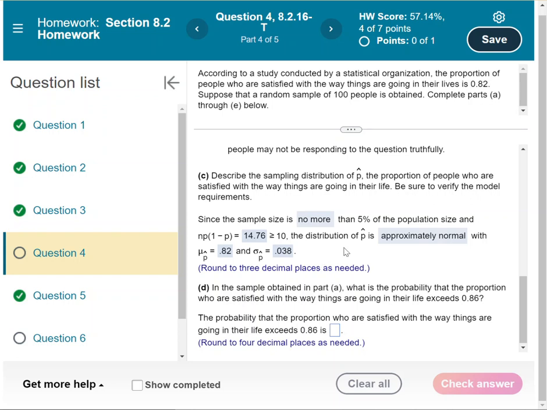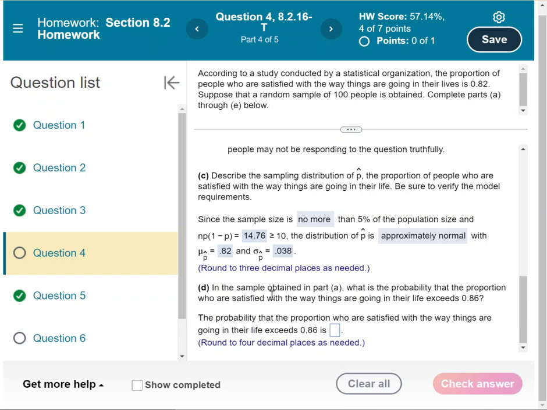All right, so we have a normal or approximately normal distribution. We know the mean of our sampling distribution of p hat, and we also know the standard deviation. So we're ready to use our normal calculator. And that's what we're going to have to do next.